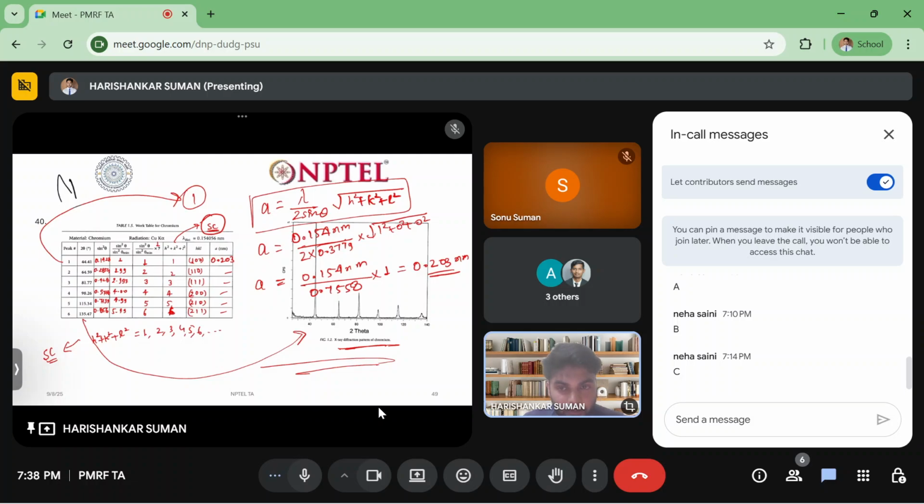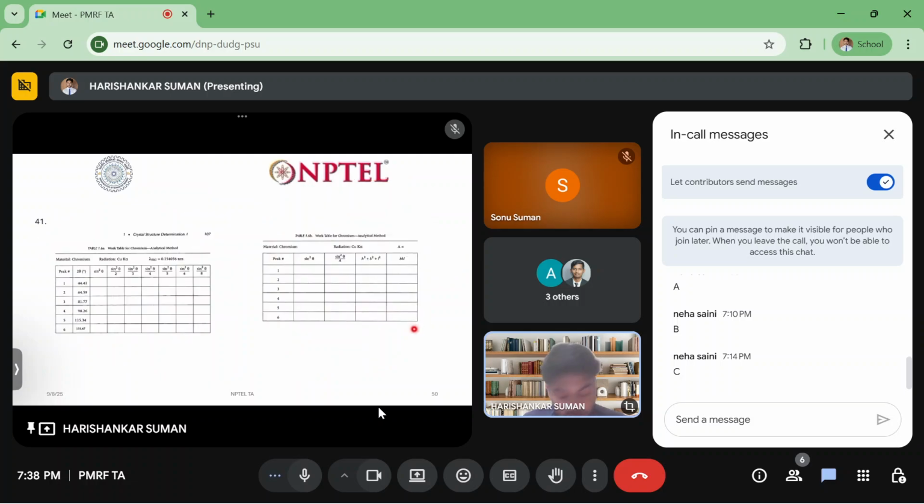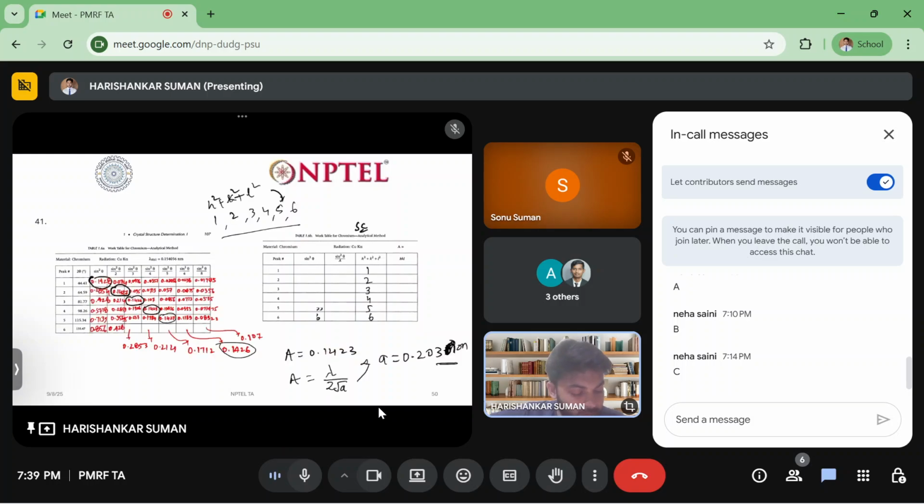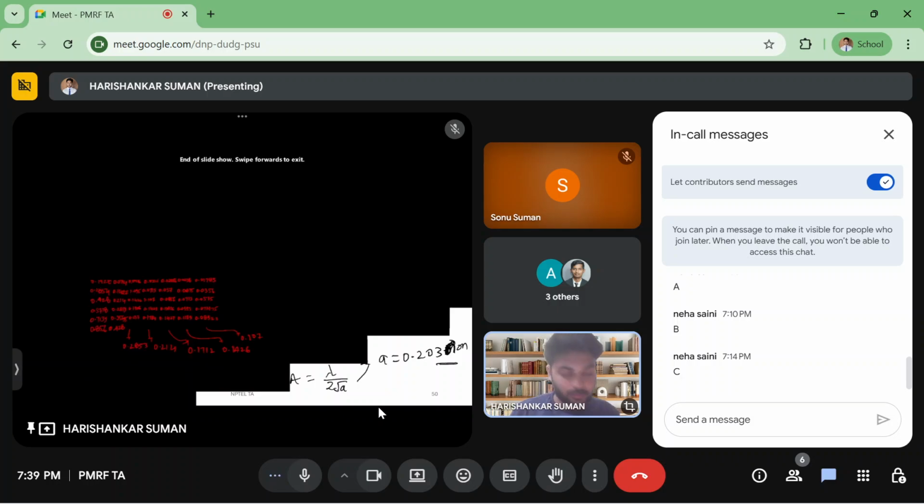Try to solve it. This is the second type, where theta is given. You can take a screenshot and please try to solve as I showed you. I have calculated it and you will get, this is also simple cubic. So this is the exercise for you.